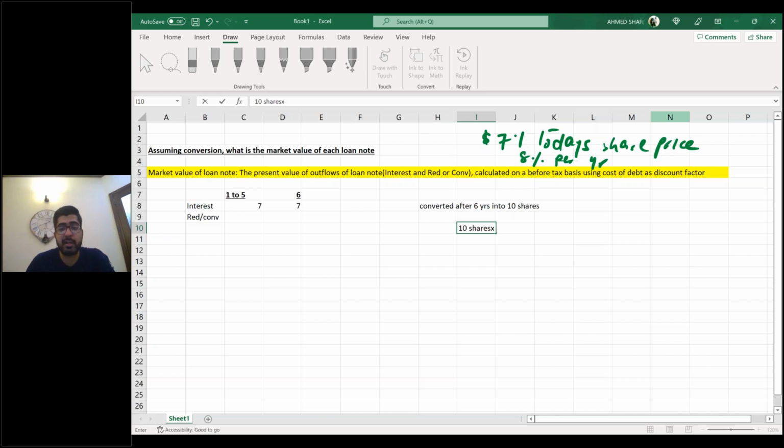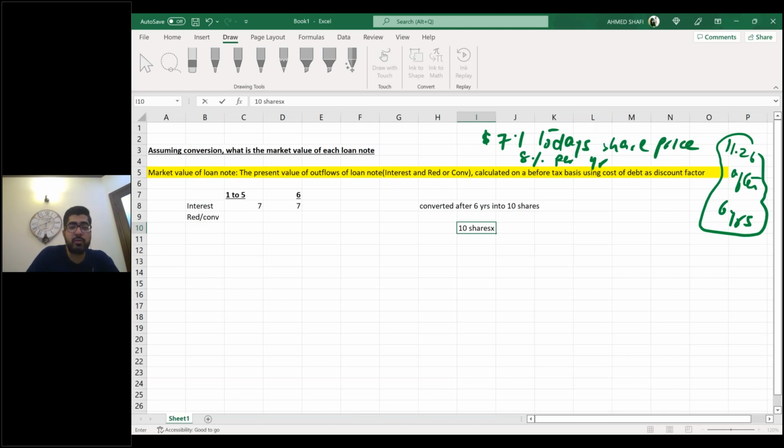Since these 10 shares will be converted after 6 years, the share price after 6 years will increase by 8% each year, giving 11.26 after 6 years, because 7.1 is now.